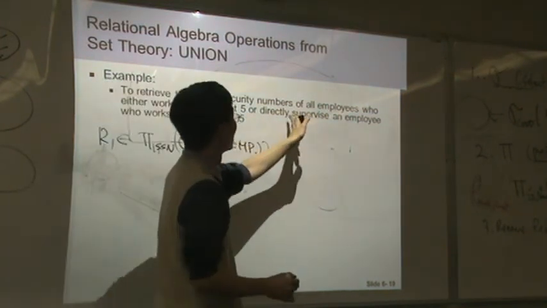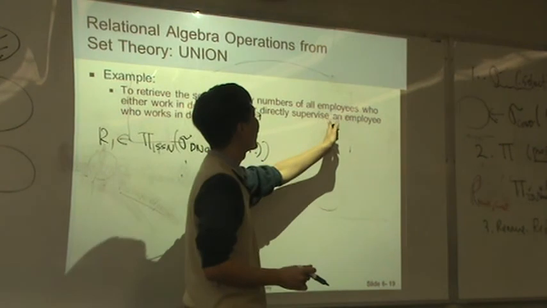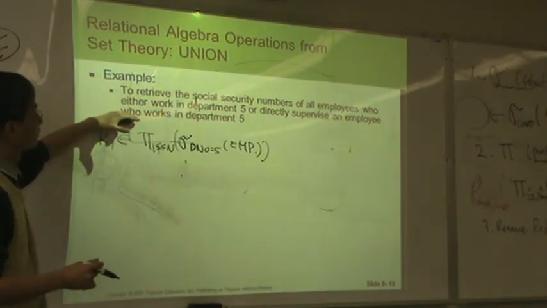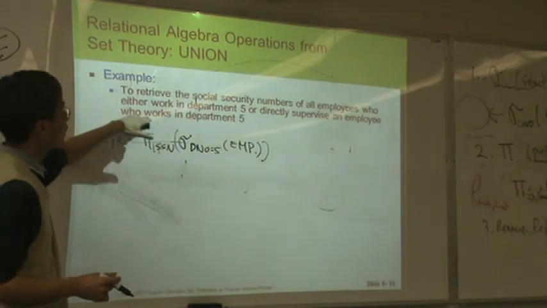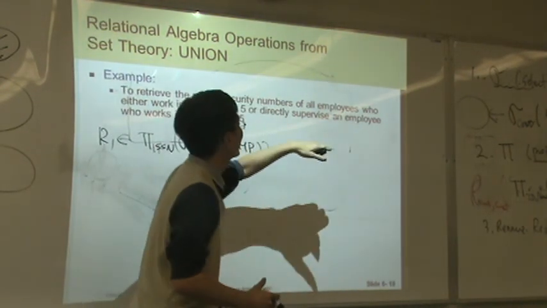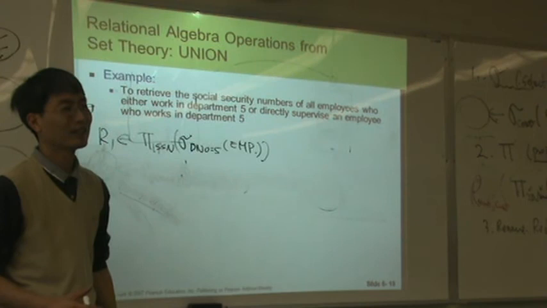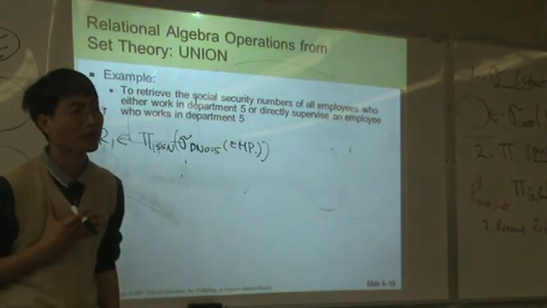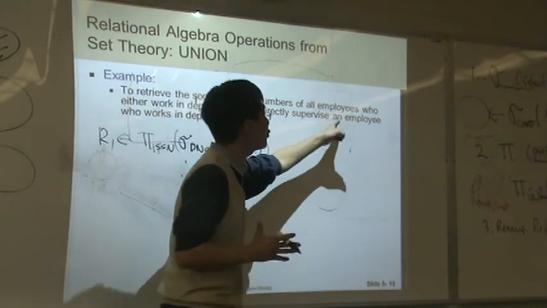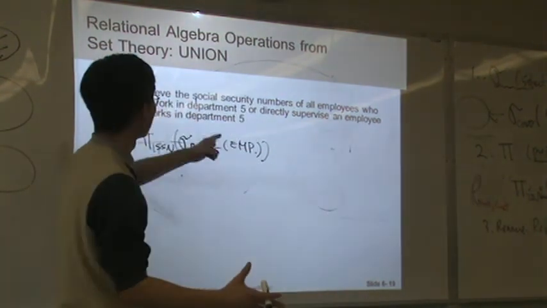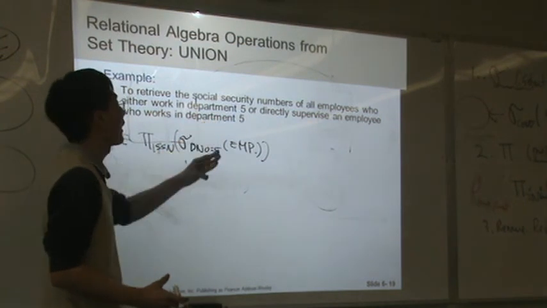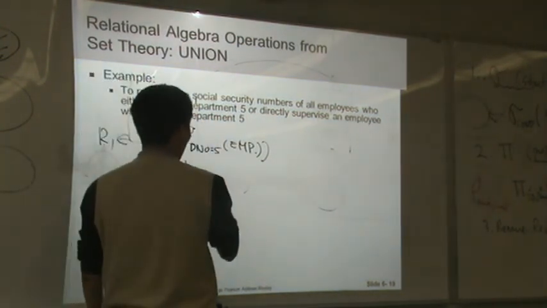Next, directly supervise an employee who works in department 5. Who directly supervises an employee? Do we need an employee or do we need a supervisor? We need a supervisor, okay? Don't be confused. We need a supervisor who is supervising employees in department number 5.